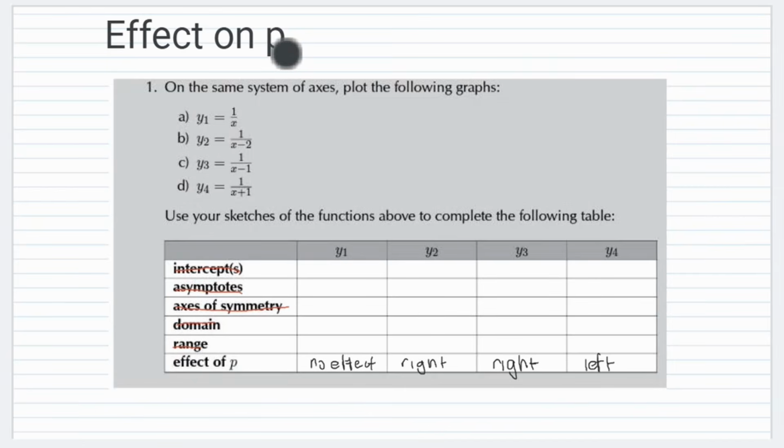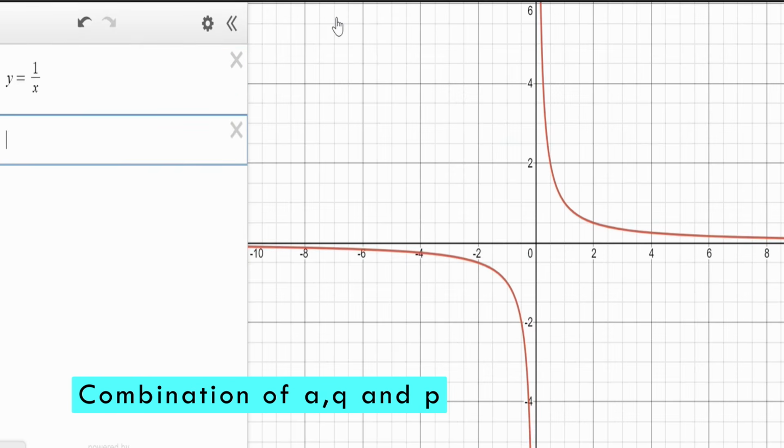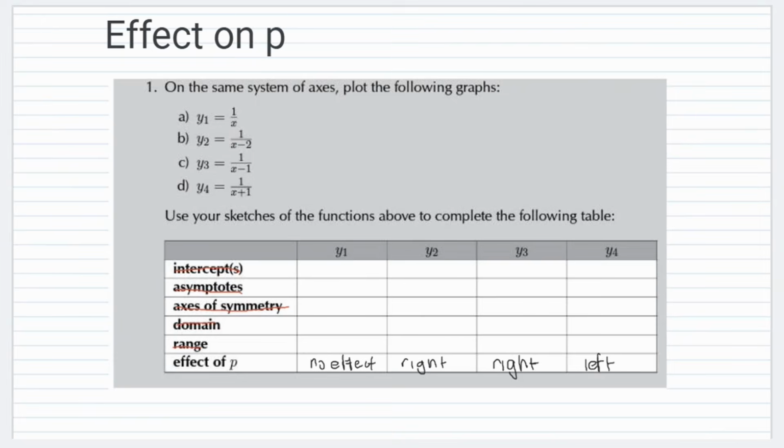So everyone is okay on how P affects the graph, right? There's going to be a time where we combine everything. So let's create a graph where we flip it, which changes the quadrant, meaning A is negative. I'm going to write it in blue.